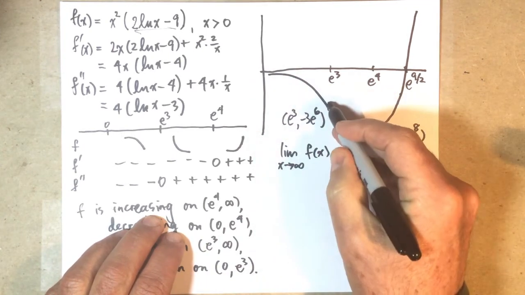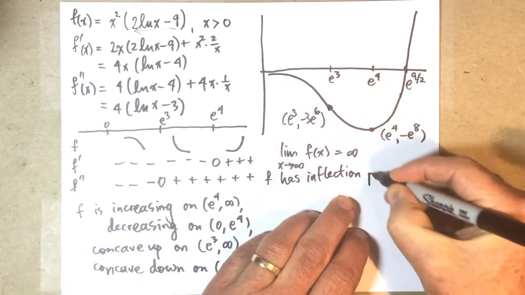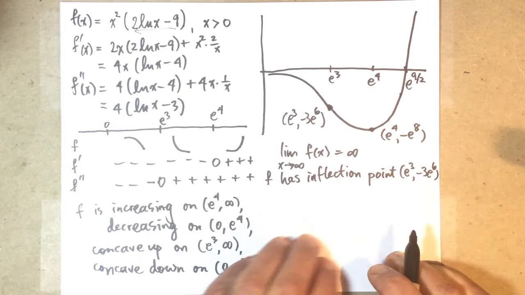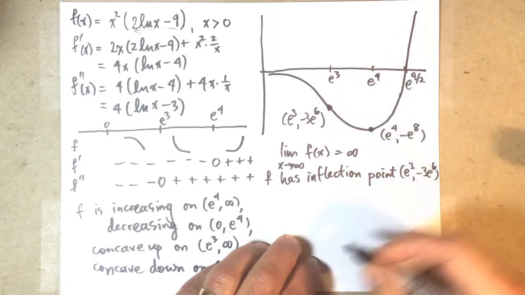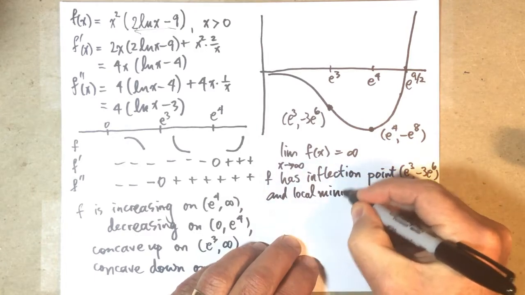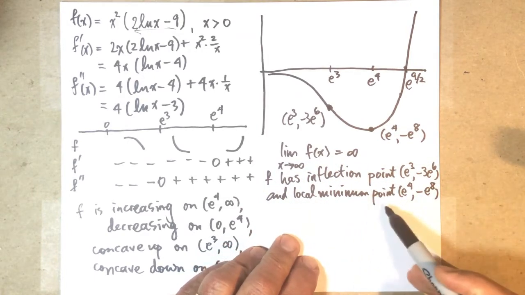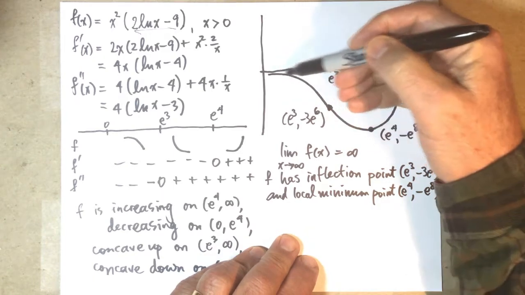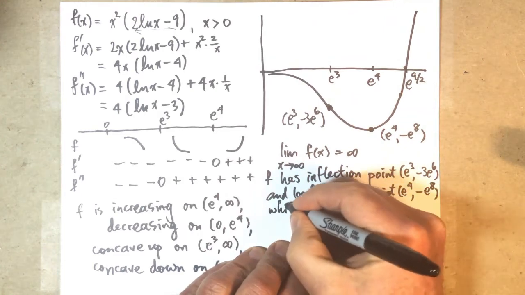That's where the concavity changes from concave down to concave up. Also, there's a local minimum here. It switches from decreasing to increasing. And for the same reasons, that is the absolute minimum. It's going down and then up again, so that has to be the absolute minimum.